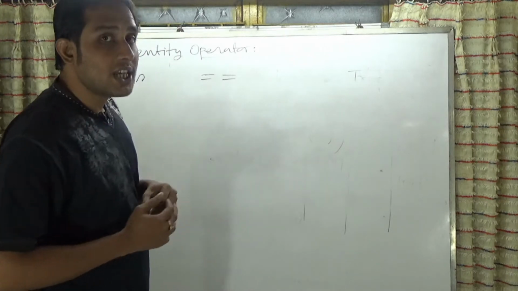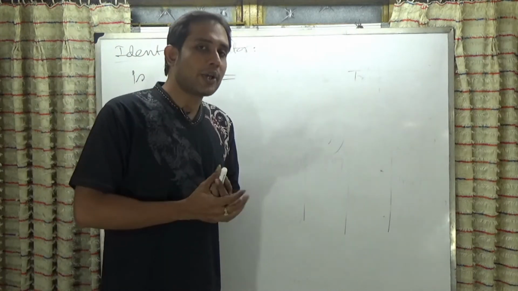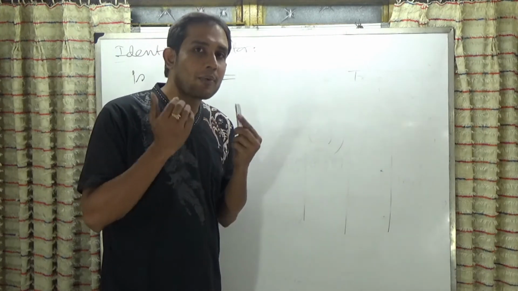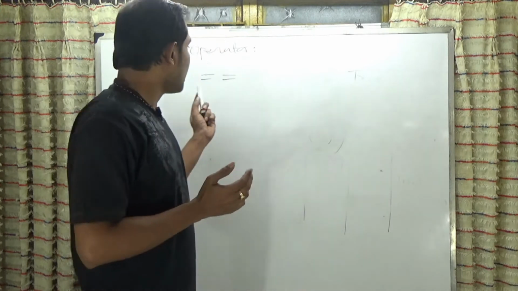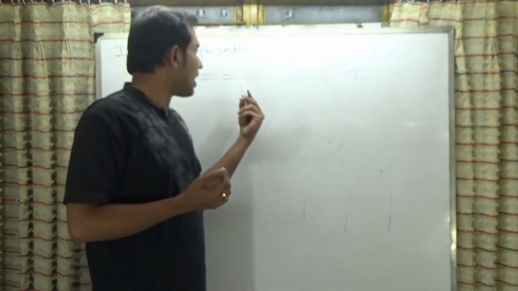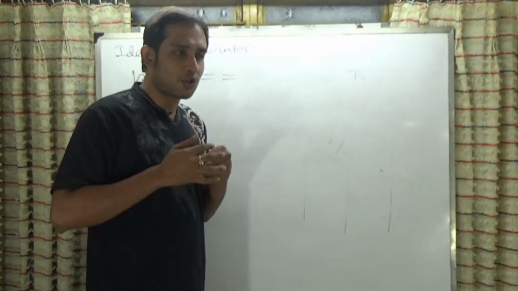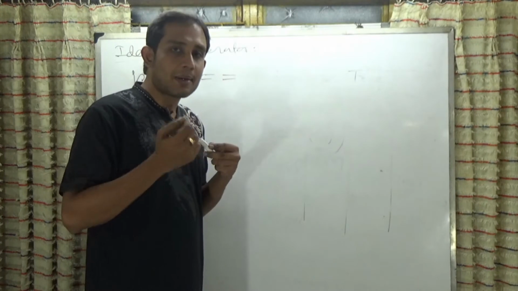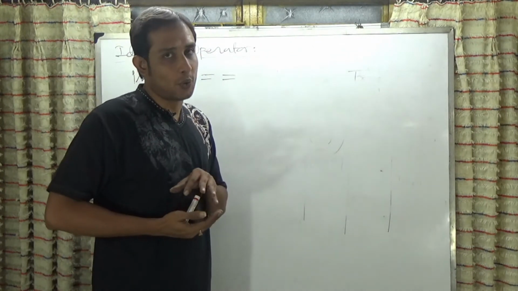But in the case of the is operator, that means the identity operator, it always checks whether the memory references are the same or not. So the identity operator and the relational equal to operator are not exactly the same, but sometimes they may work the same way.